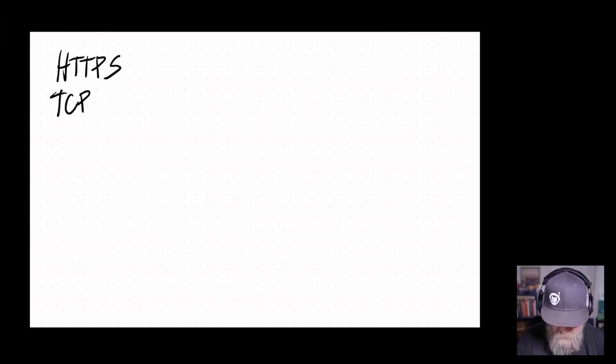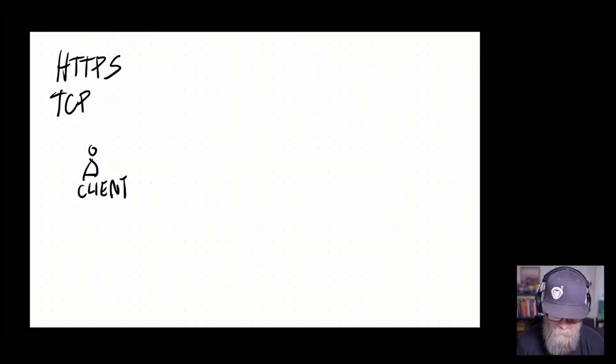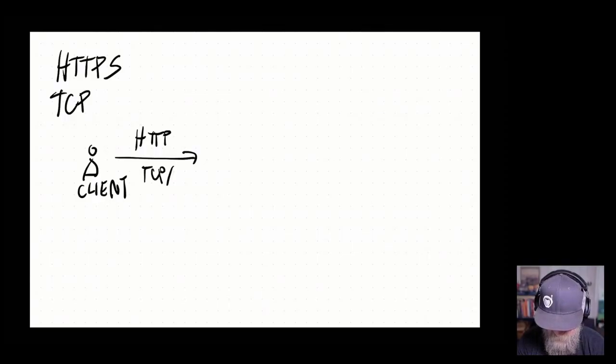So let me show you what I think we're going to build. You think of a client, right? So this is some sort of, could be a person, could be some other system. And what's happening is this client is going to either send us HTTPS traffic, so just standard traffic, right? Or traffic on some sort of TCP port.